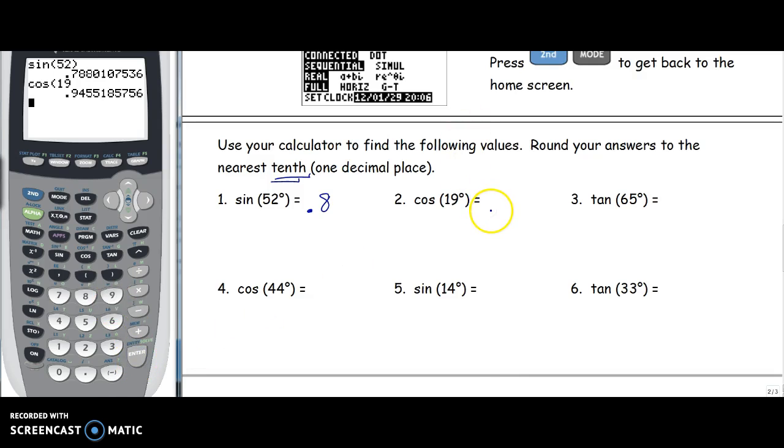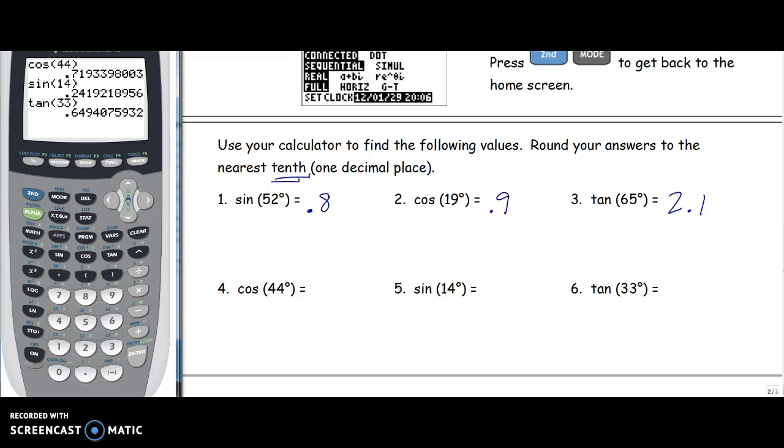So you would have 0.9. Okay, next one is tangent of 65. You get 2.1. Okay, try those next 3 on your own.